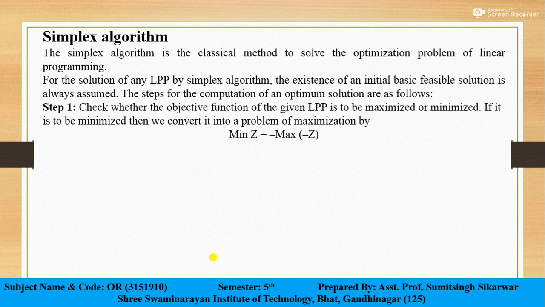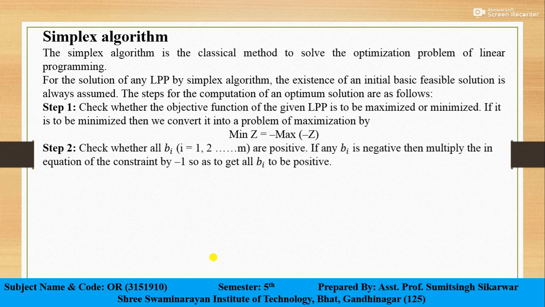Let us move on to the next step. Step 2: we need to check whether all bi, meaning constants, are positive. If we find any bi negative, we need to multiply it by minus 1 so that we get a positive bi.